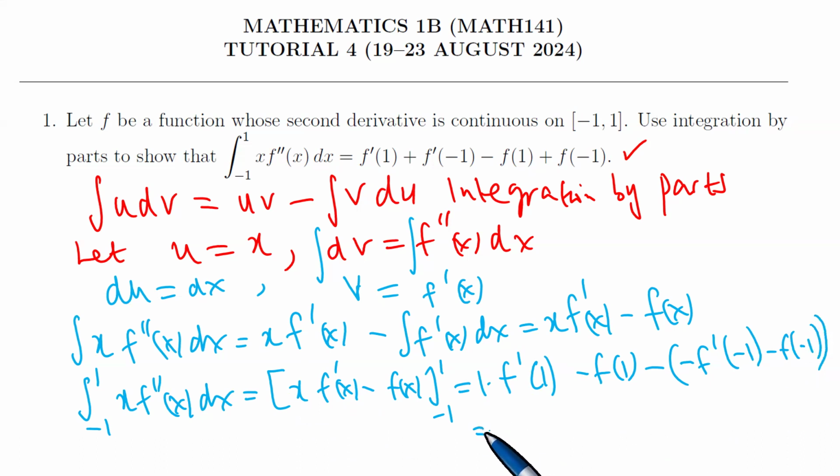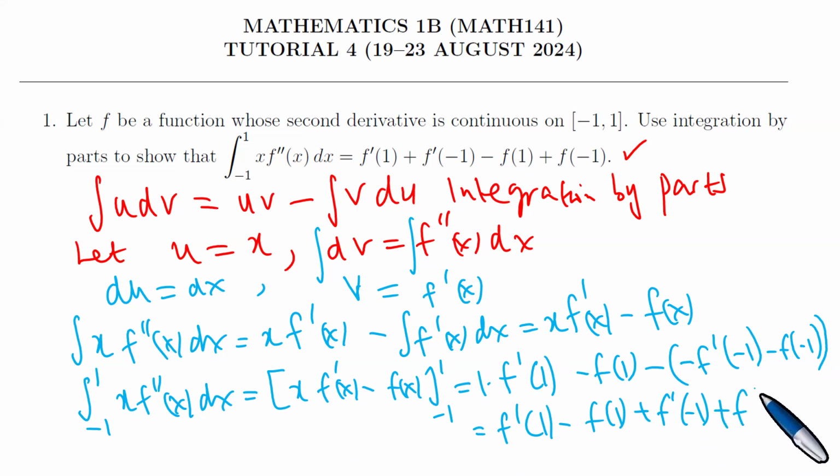When you check this out, it's going to be f primed of 1 minus f of 1 plus f primed of -1 plus f of -1.